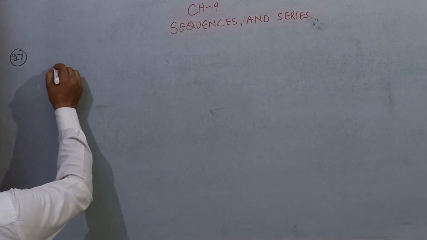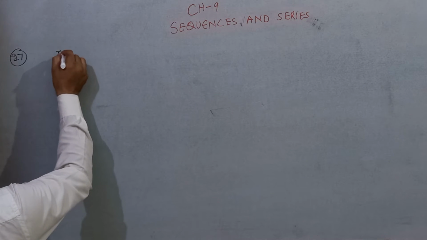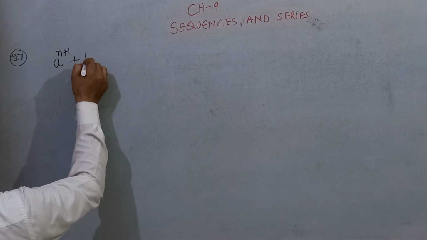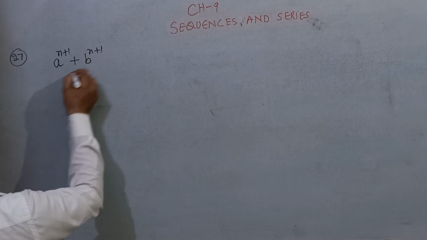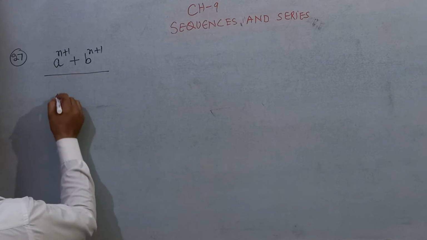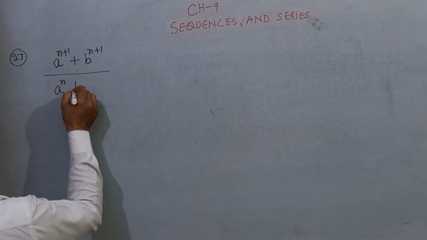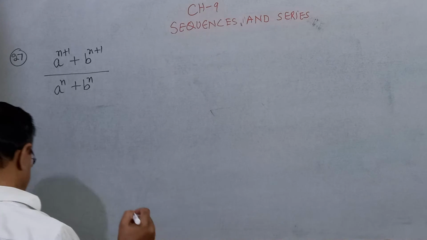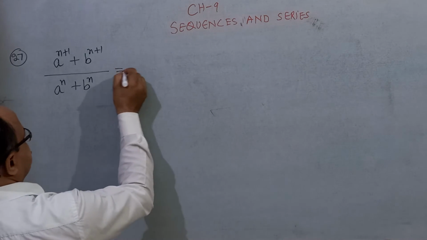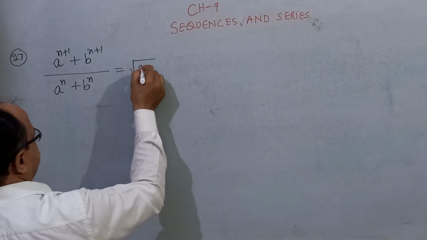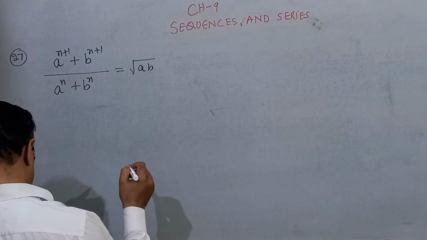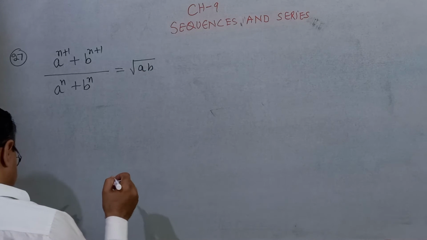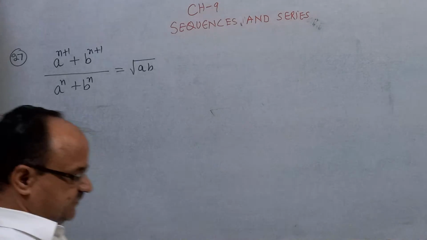Find the value of n. Show that a to the power n plus 1 plus b to the power n plus 1, divided by a to the power n plus b to the power n, is the geometric mean between a and b. Geometric mean between a and b means root ab.